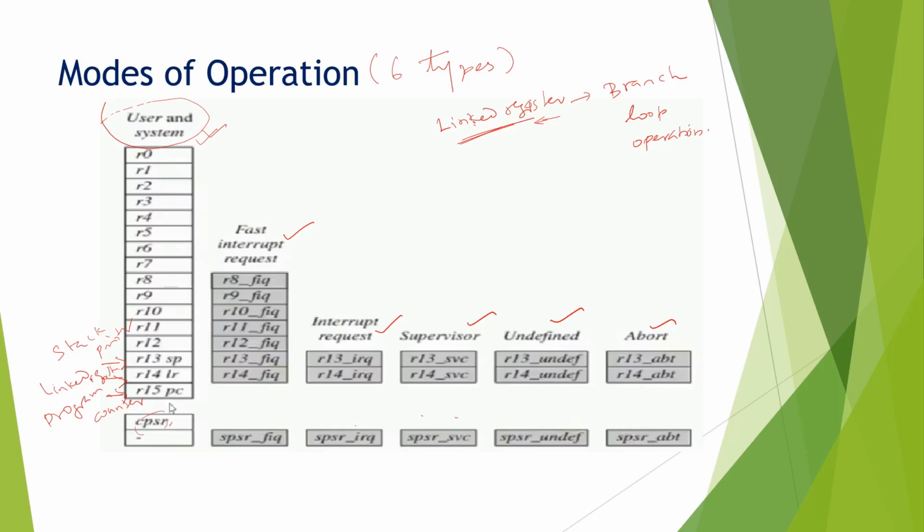And once the administrator completes his checking and everything, hardware checking or software checking, he can switch back from supervisor mode to normal user mode. At that time this SPSR will give back all the details to CPSR once again, which it got from CPSR when it switched from user to supervisor mode.